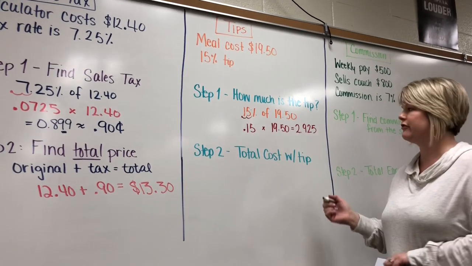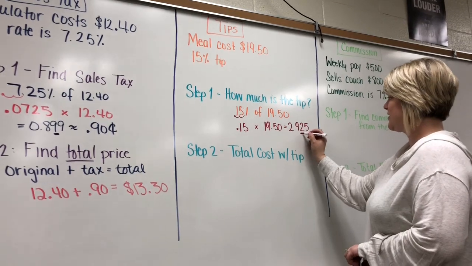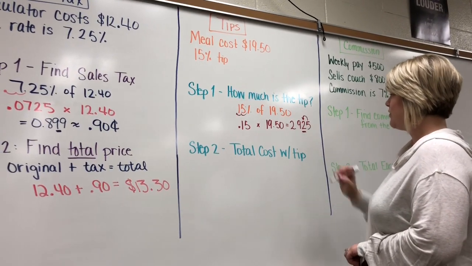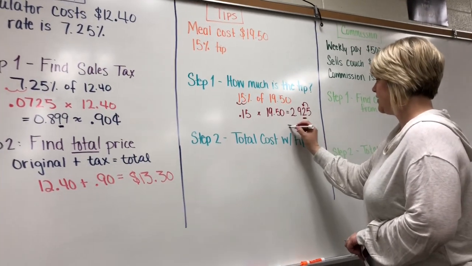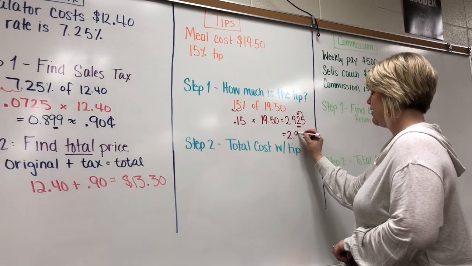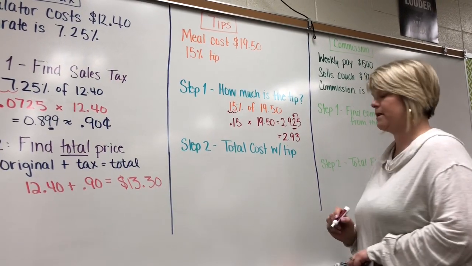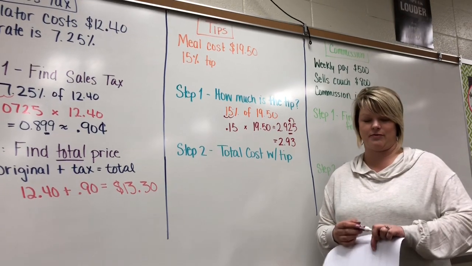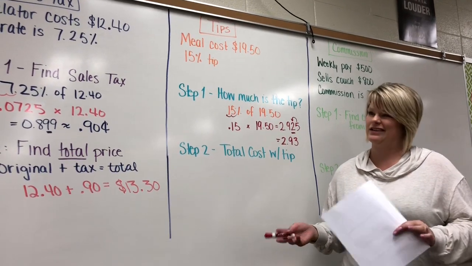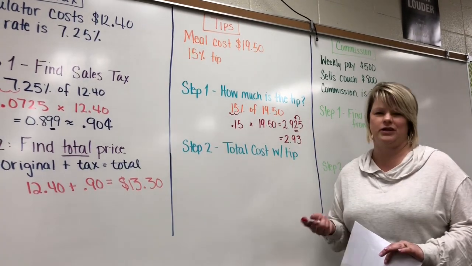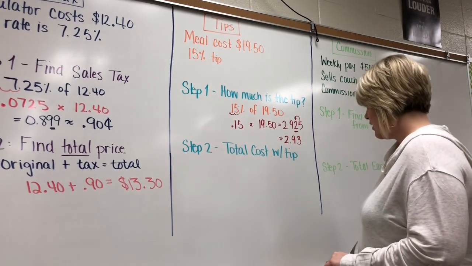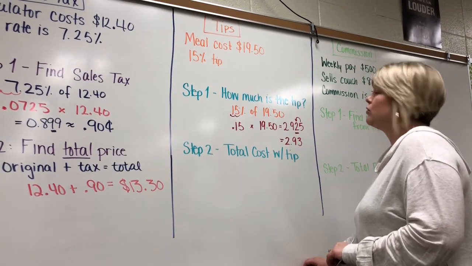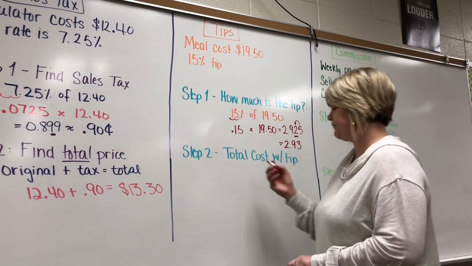But just like I said before, we want to go to the nearest cent. So that 5 is going to change this to be $2.93. So $2.93 is what I'm going to pay the waitress for bringing me the food. Not a whole lot, but on a $20 bill, it's about right. So then we need to find out what is my total cost going to be.